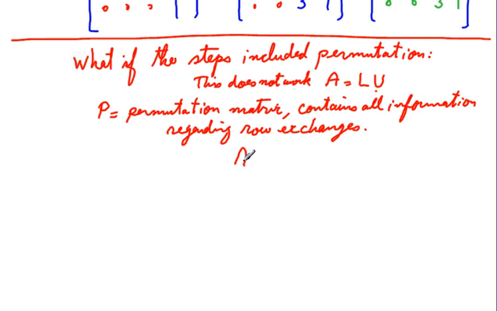So if I take my matrix A and permute all the rows in it that I want to permute, then that final resulting matrix can be broken down to a lower triangular times an upper triangular matrix.